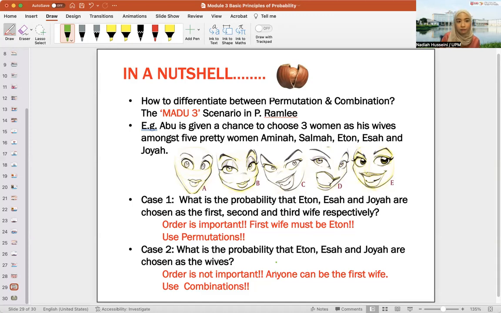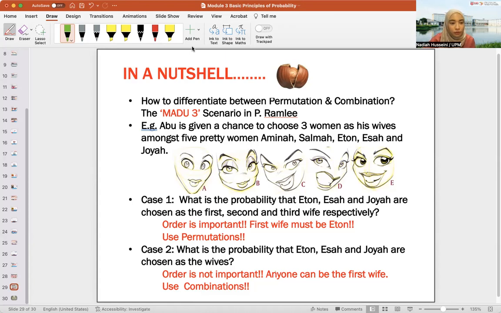So there are 5 candidates, and he only gets to choose 3 wives out of the 5. Do you use combination or permutation in this case? Combination, right?